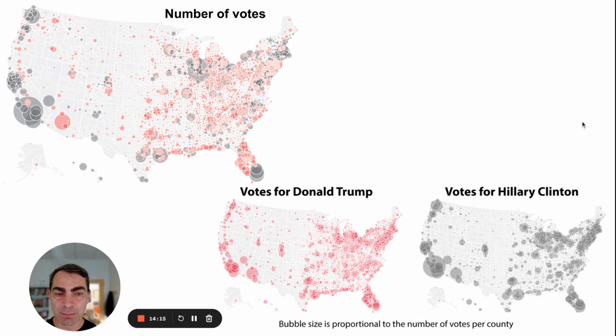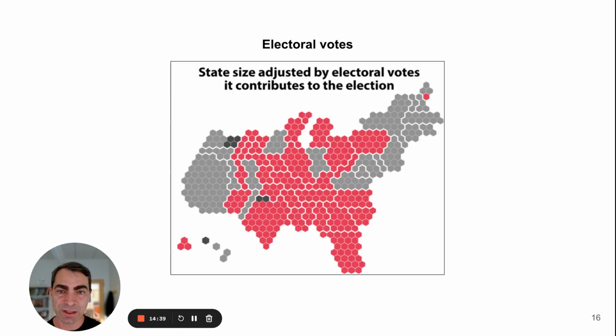But what is interesting is that the elections are not won through the popular vote, and they're not won through the share of votes, similar to the first map that we saw. The elections are actually won according to the electoral college and electoral votes.